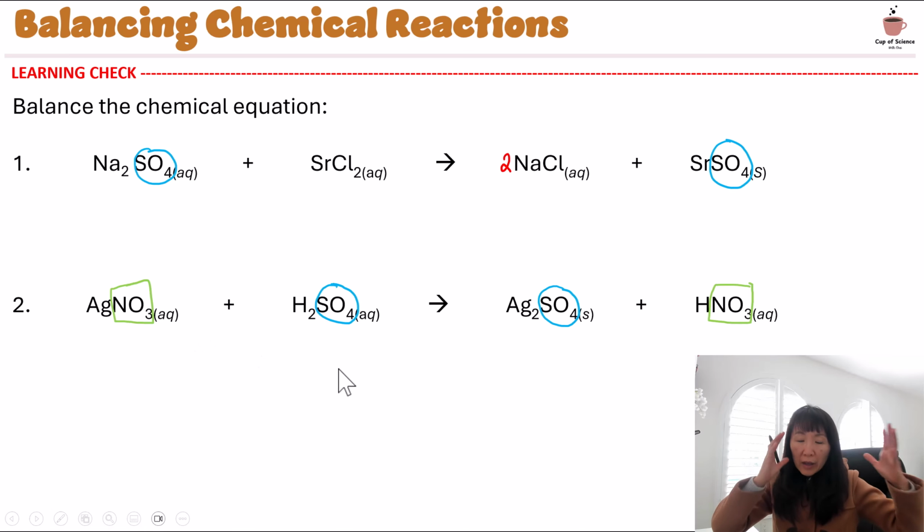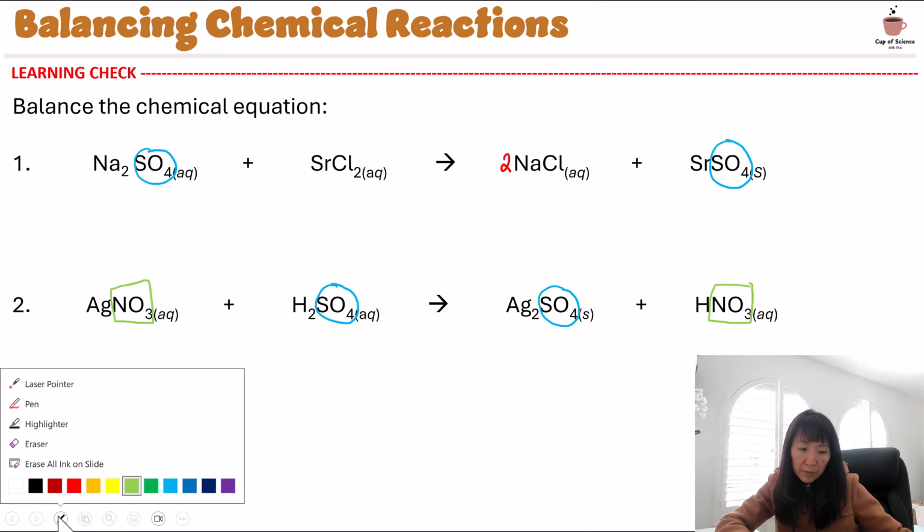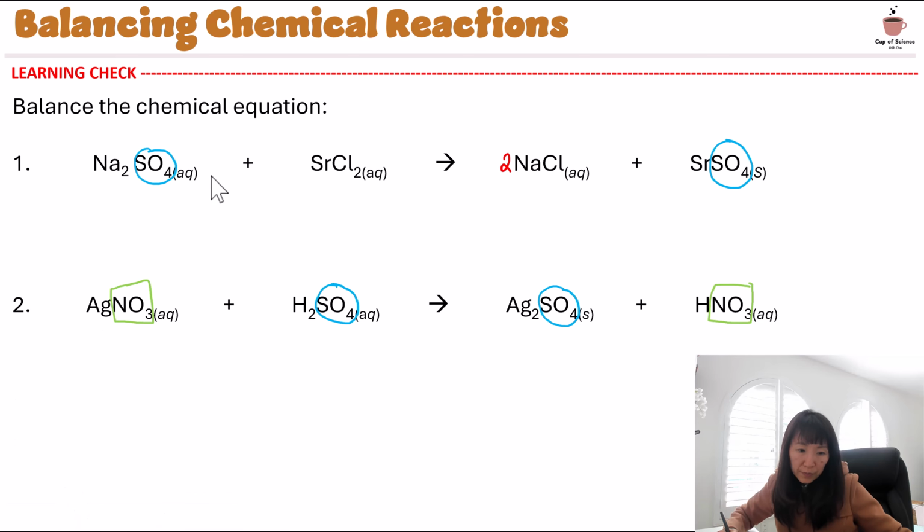So I'm going to, again, select the most complicated looking one first. And to me, it's either this one or this one. I'm going to start off with the product this time. Silver sulfate, there's two silver. What does that mean? I need to have two silver on the reactant side. So I'm going to look over here. Okay, there's only one silver. So I'm going to go ahead and put a 2 in front as the coefficient to accommodate the two silver.